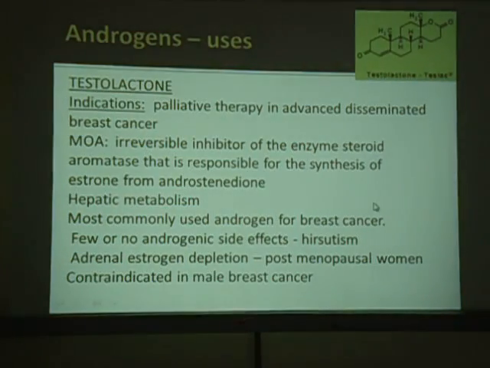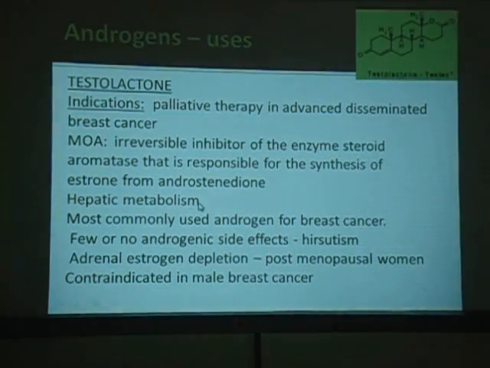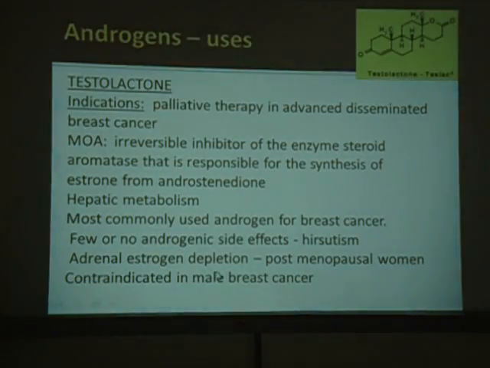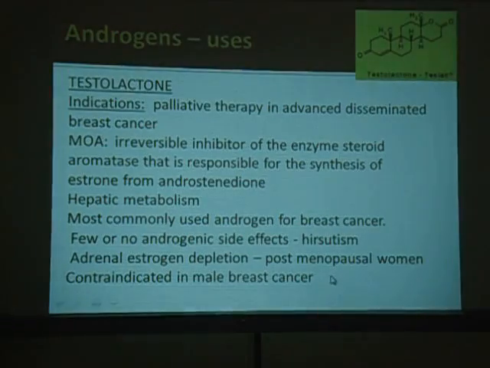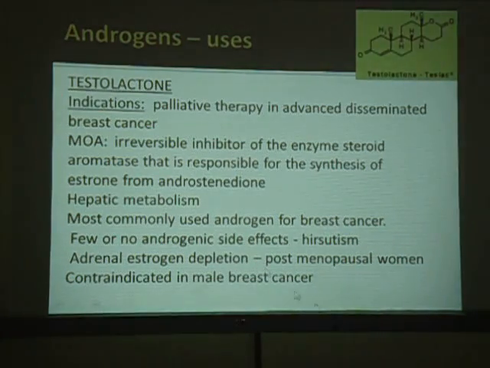From androstenedione to estrogen, that step is blocked by blocking the enzyme aromatase. It undergoes hepatic metabolism, commonly used for breast cancers, and hirsutism can occur. It is contraindicated in male breast cancer.